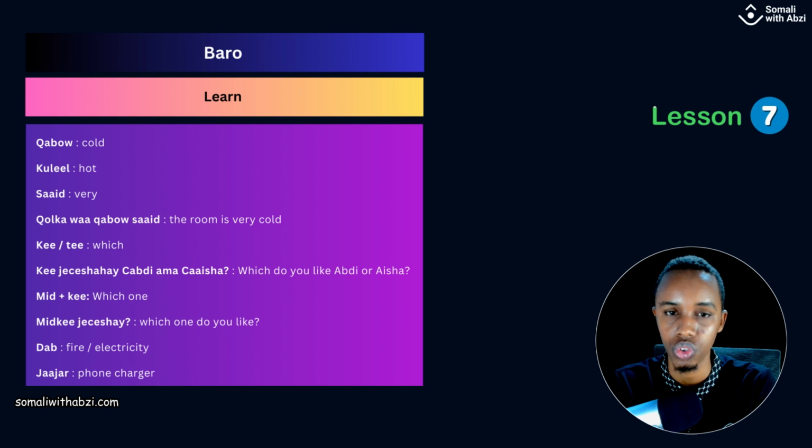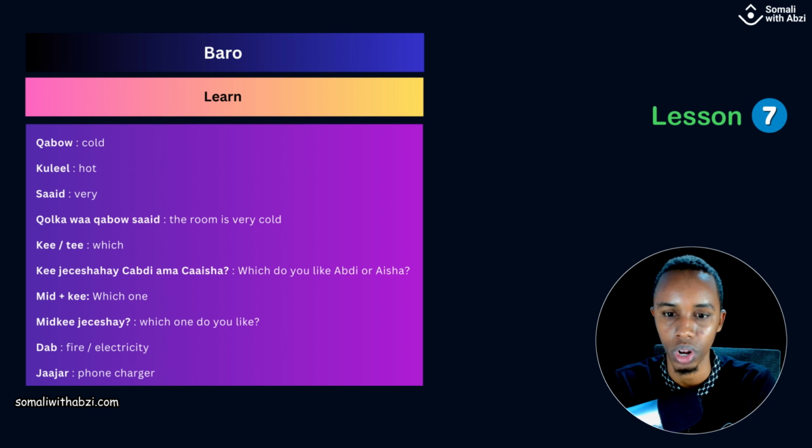We said we use ko for counting, ko laba saddex afar shan, for counting money, things, etc. And we also said we use hal with nouns like one boy, hal wiil, one girl, hal gabar, hal nin, hal iskol, hal ma'alin, etc. So we said mid we use when we're using one, also when we're using this one, that one, which one.